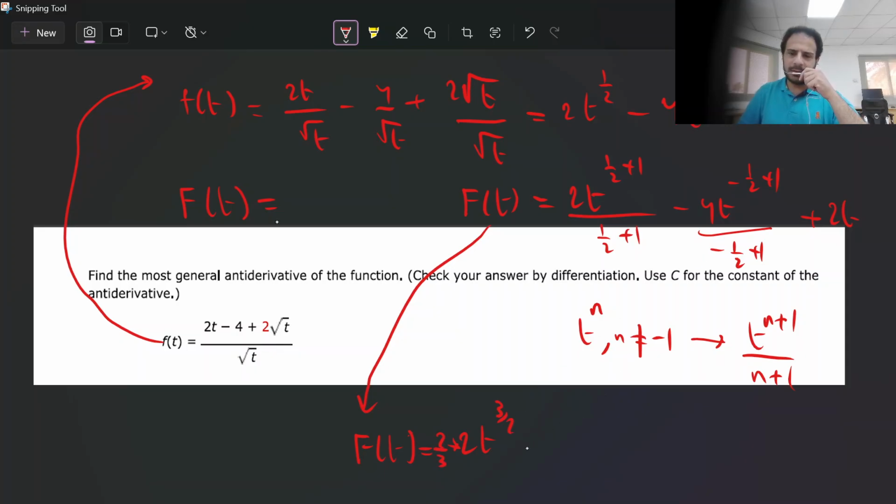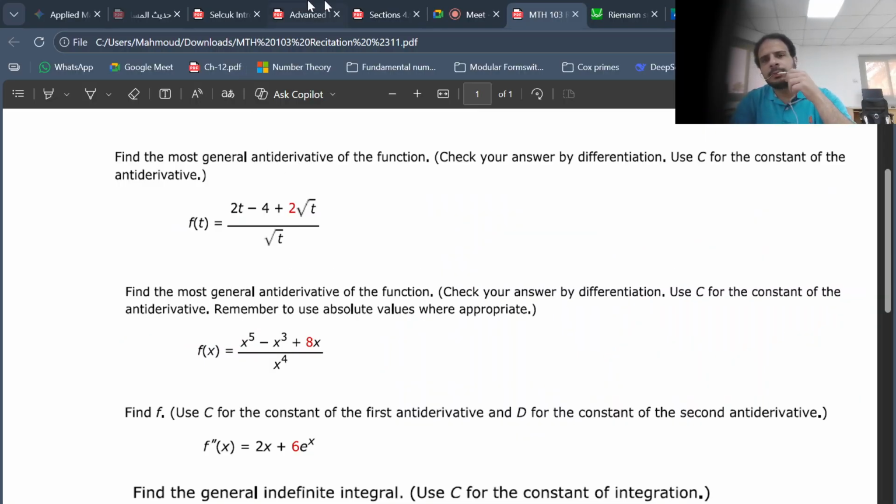Now minus 4t to the power half, now you multiply by 2 over 1, okay? Then plus 2t. Then simplify, you have 4 over 3 t to 3 over 2 minus 8 t to the power half plus 2t. Are you good with this? Do you have questions?